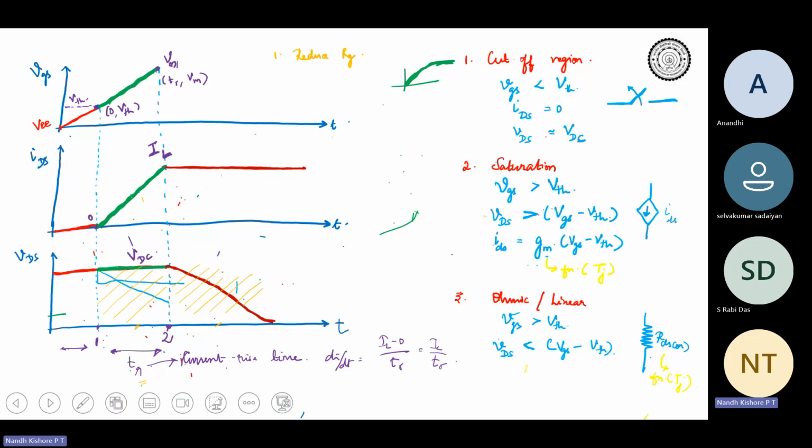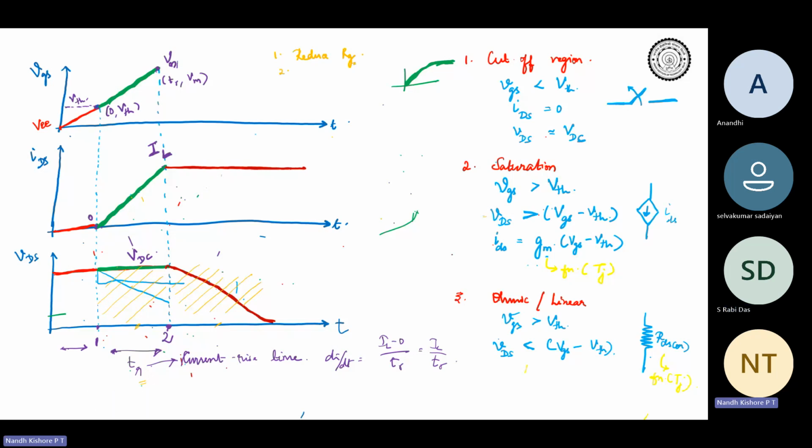If I can speed up the increase of VGS, then I can make sure that the current also increases quickly, so my rise time of the current is going to decrease. This is a very simple method that people follow: they just reduce the gate resistance RG. Therefore, your switching losses are going to reduce, because your overlap time will reduce.